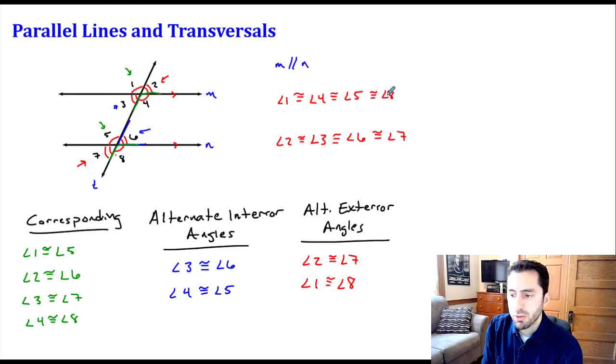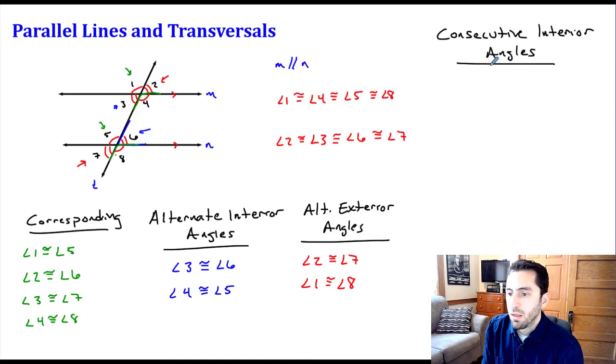There's one more special pair, but the relationship is a little different. These are what we call consecutive interior angles. Again, interior means that they're in between our two lines. And consecutive, they're right in a row.